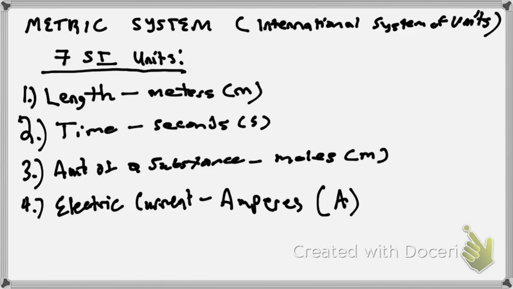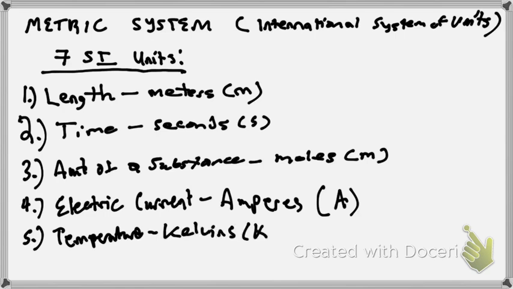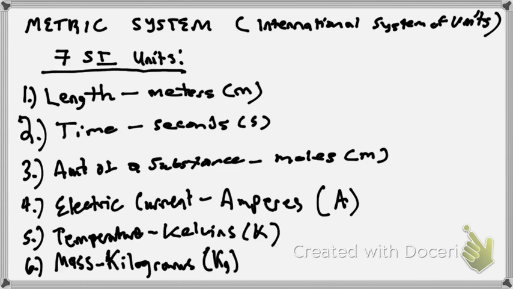Amperes is A. And 5 is temperature, which is in kelvins, K. And mass is in kilograms, kg.